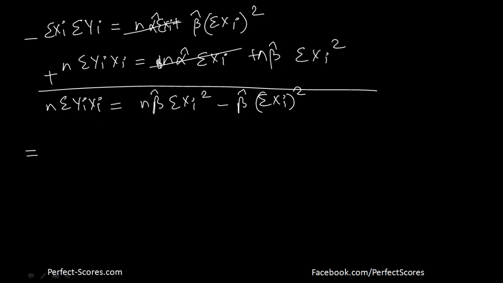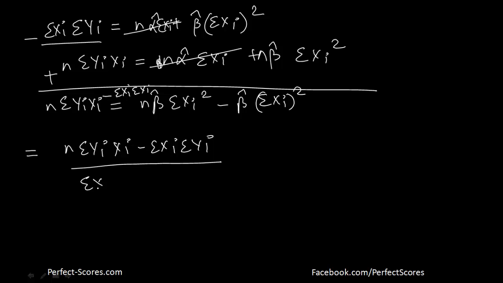From here, I have to subtract this also, that is summation of xi into summation of yi. So I have n into summation of yi xi minus summation of xi into summation of yi, divided by summation of xi square minus, so I have to keep the n here as well.